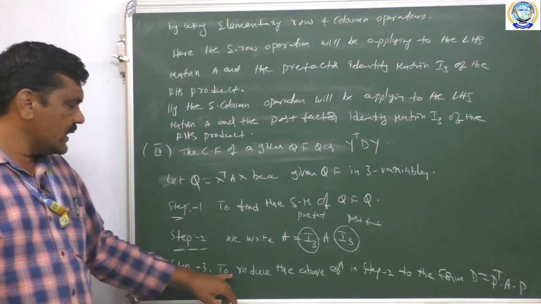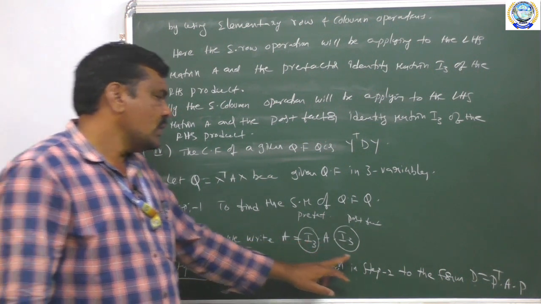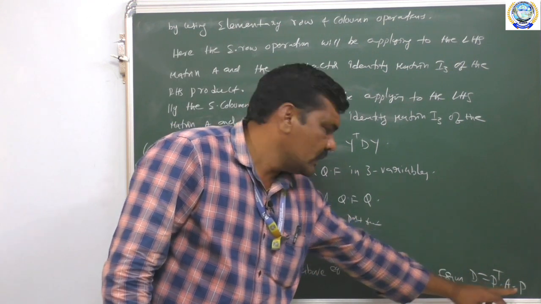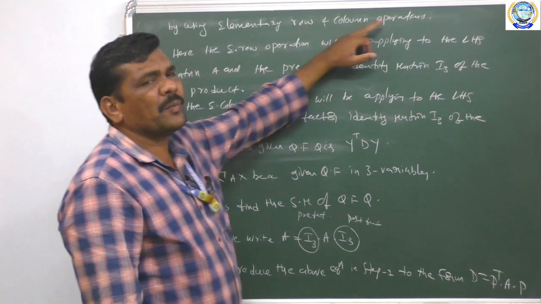In step 3, to reduce the above equation in step 2 to the form of D is equal to P transpose into A into P, we use elementary row and column operations.